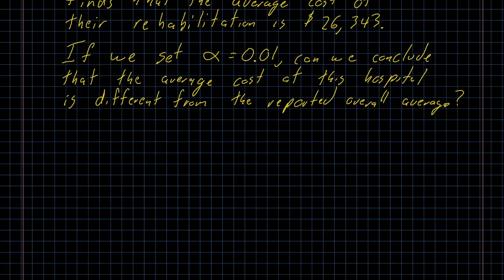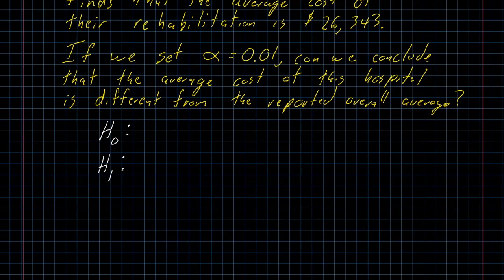So the step that I skipped is the null hypothesis and the alternative hypothesis. That's the first thing that the paragraph of text did not tell us. And we'll follow the basic formulation.